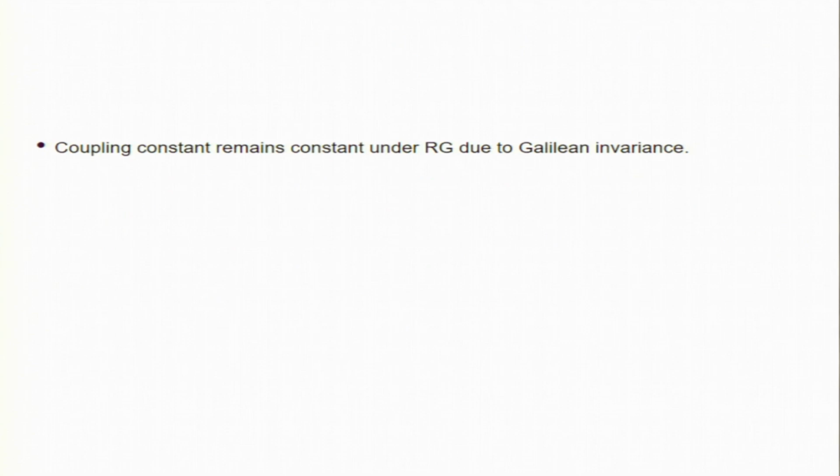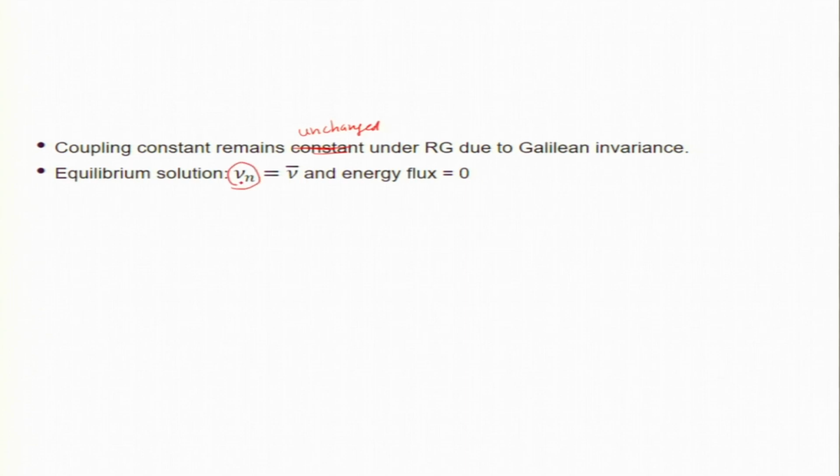Two more things. The coupling constant remains unchanged under RG, and that is due to symmetry. And the equilibrium solution has 0 flux, and this nu_n is not altered; it remains constant.